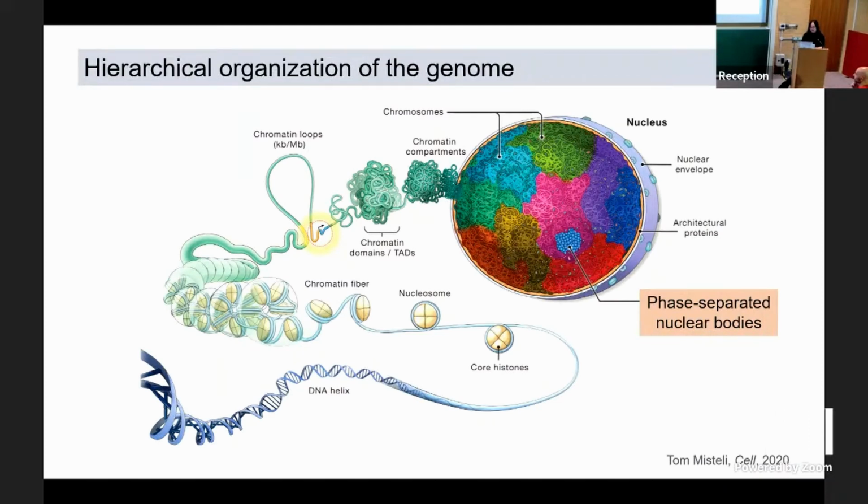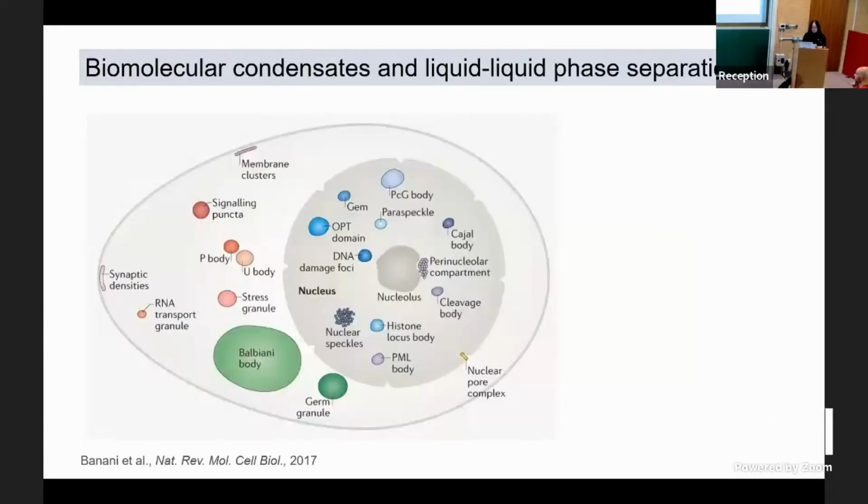Let me just mention that the cell nucleus is not just a home to chromosomes, but also has various phase separated nuclear bodies. I am particularly interested in the interplay between the chromatin and the phase separated condensates in the cell nucleus.